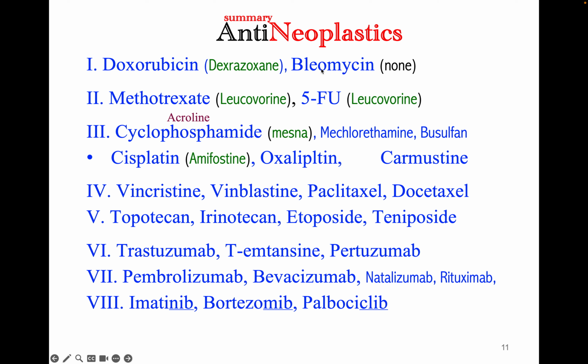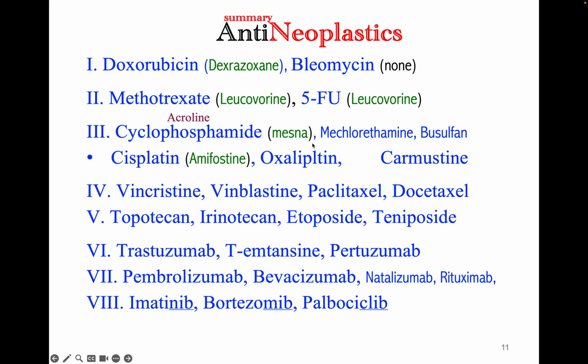Similar to Bleomycin, Busulfan causes pulmonary fibrosis. This pulmonary fibrosis is commonly called Busulfan lung. But it differs from Bleomycin by mechanism of action, and also Bleomycin was a bone marrow sparing drug, but Busulfan is a bone marrow suppressing drug. That is the difference. I want you to remember that clearly.